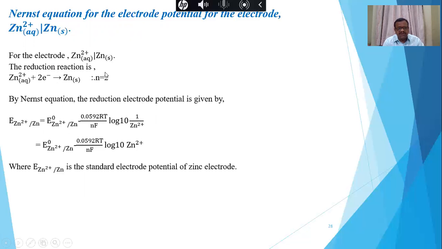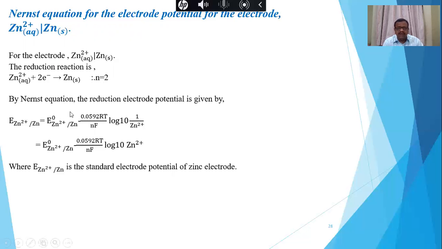The reduction reaction taking place is that Zn²⁺ ions accept electrons and give rise to solid zinc. In this reaction, n is equal to 2 as two electrons are accepted by zinc to form solid zinc.